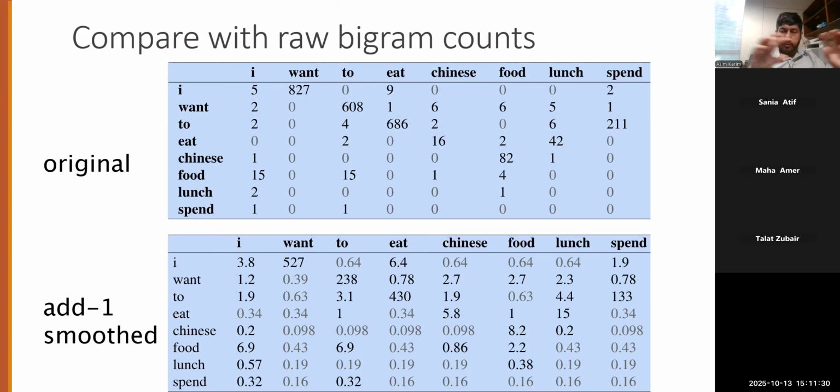Because ऑब्जर्व्ड बाइग्राम बहुत थोड़े थे, अनऑब्जर्व्ड बाइग्राम बहुत ज्यादा थे. तो ऑब्जर्व्ड में से काउंट निकाल निकाल के अनऑब्जर्व्ड को थोड़ा थोड़ा दे दिया. तो वो थोड़ा थोड़ा उधर दिया तो ये बहुत ज्यादा चेंज हो गया. So this basically highlights that add-one smoothing is not recommended for language modeling, and it is used in other machine learning tasks, let's say classification and other things, but not for language modeling.